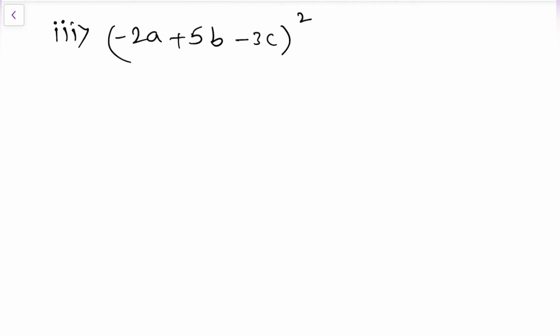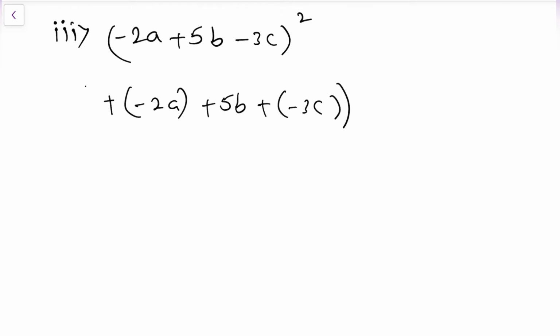So according to that I will convert the question. Minus 2a can be written as plus of minus 2a, plus 5b as it is, minus 3c can be written as plus of minus 3c, whole square. So this will become x, this will become y, this will become z. (x plus y plus z) whole square.